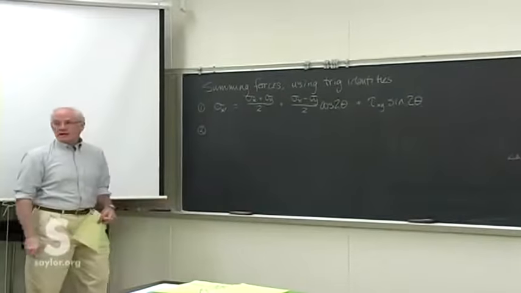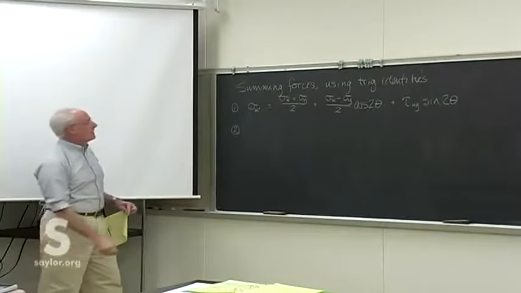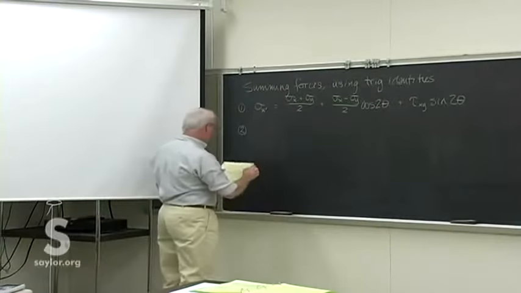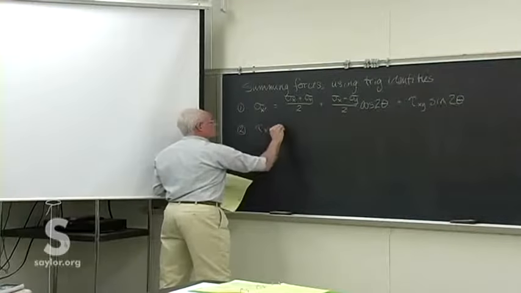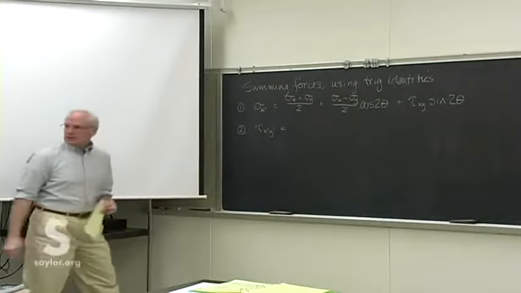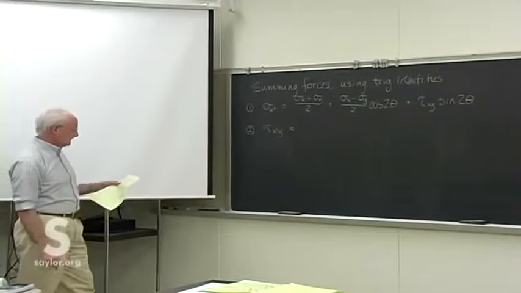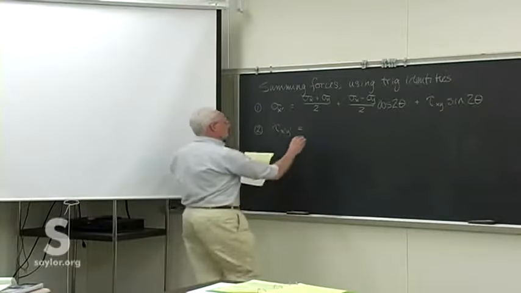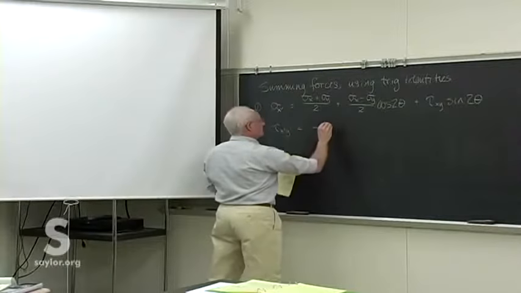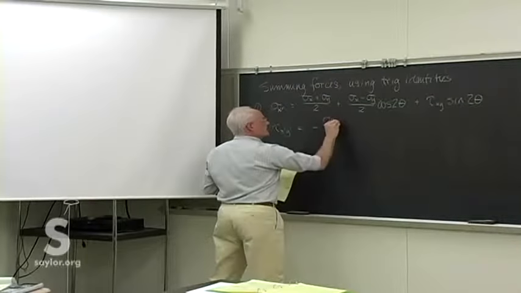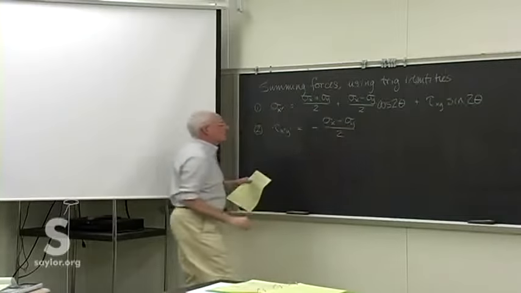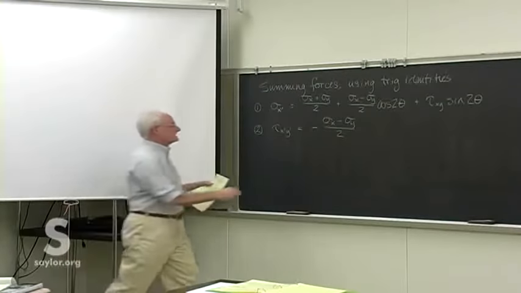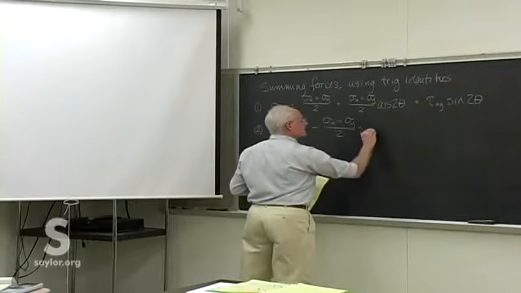We'll need three equations, because we also need sigma y prime and tau x prime y prime. So that, for some reason, is the next equation, putting these in the order they're in the book, not for any great reason. So tau x prime y prime is minus sigma x minus sigma y over 2 sine 2 theta.